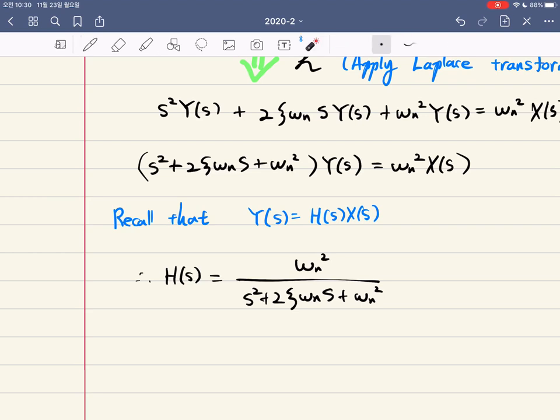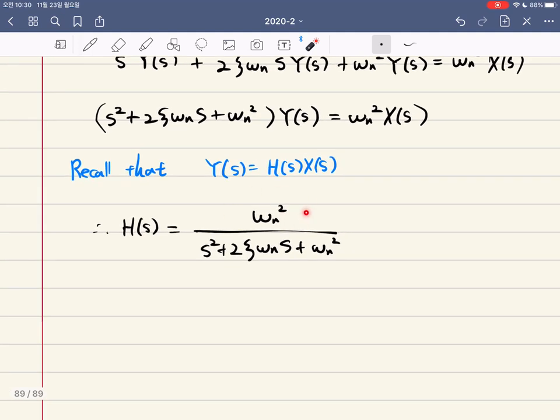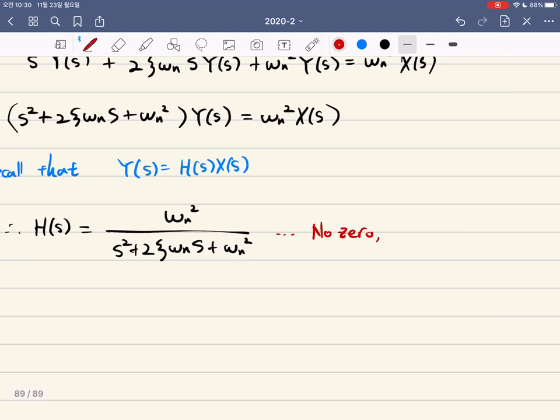We can immediately find out that you have no zeros, right? You have no zero. And how many poles do you have? You have 2 poles, right? Because you have a second order polynomial in the denominator.